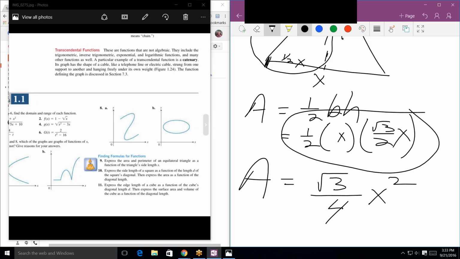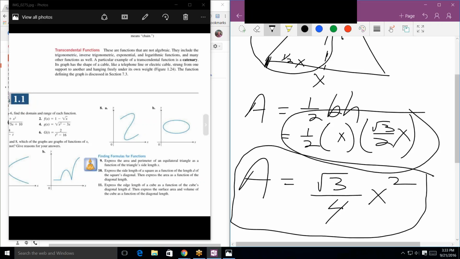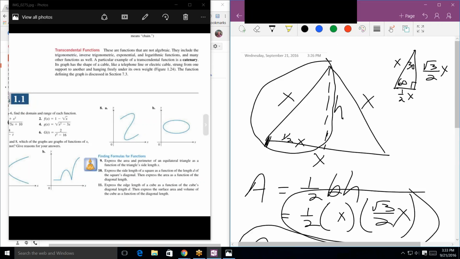Okay? And that actually is a theorem in a lot of geometry books where they will give you the area of an equilateral triangle. And it's always square root of 3 over 4 times x squared. And that's not a bad one to memorize, just because the math of figuring it out is actually fairly difficult, as you saw.